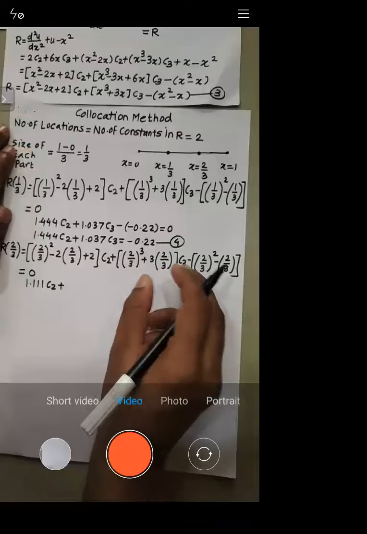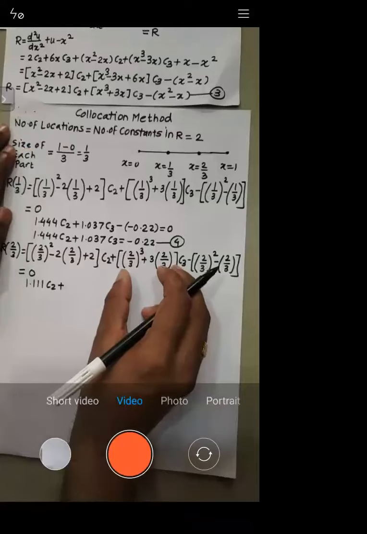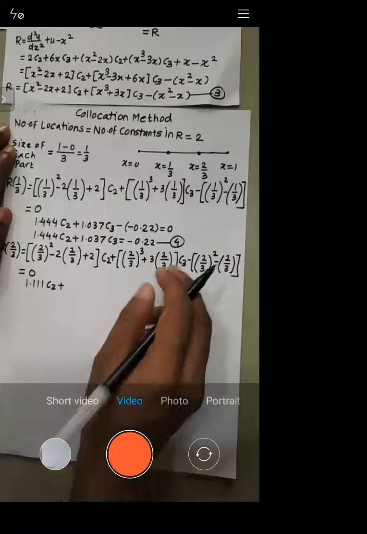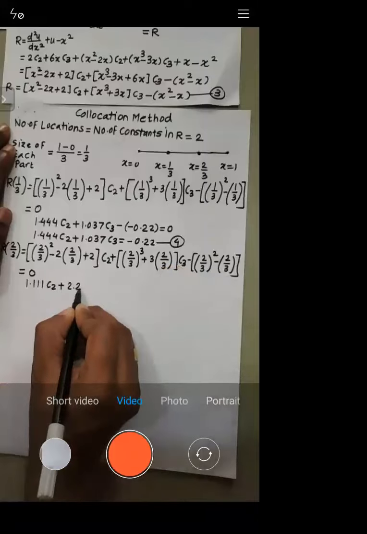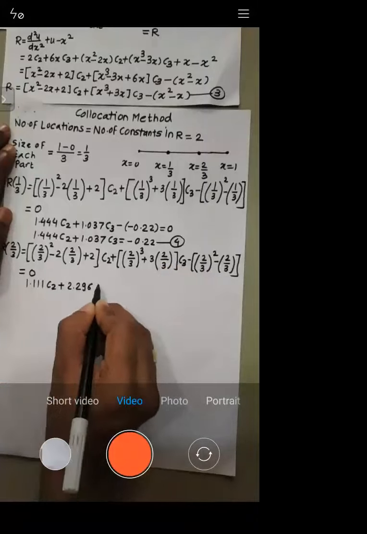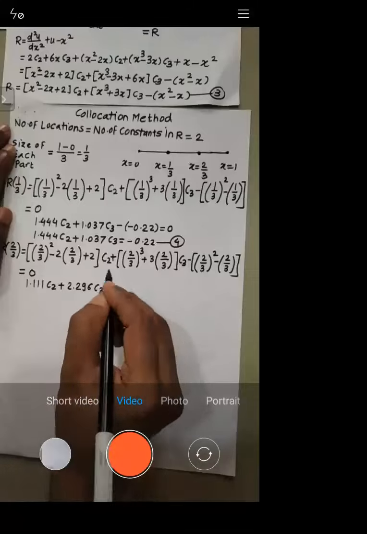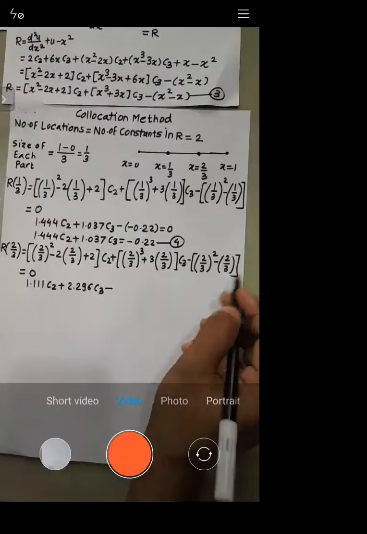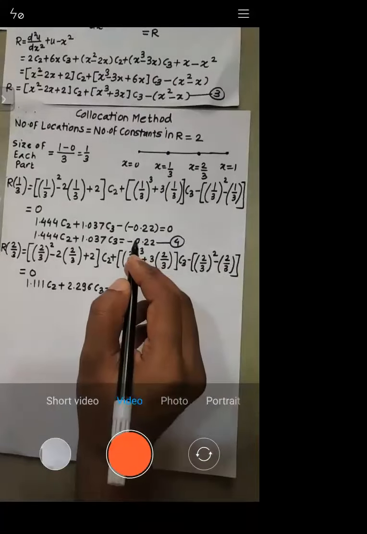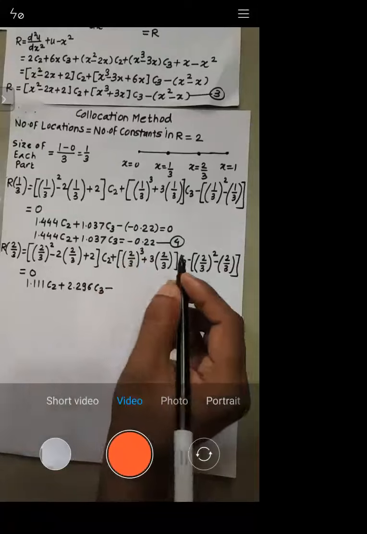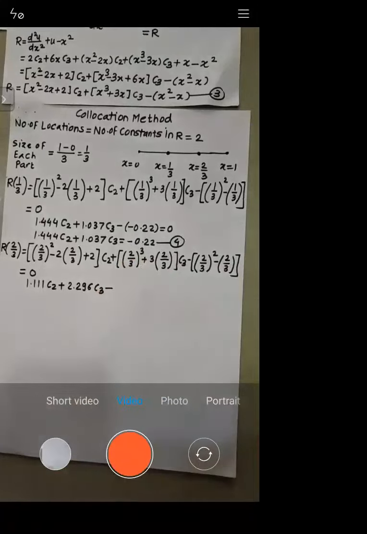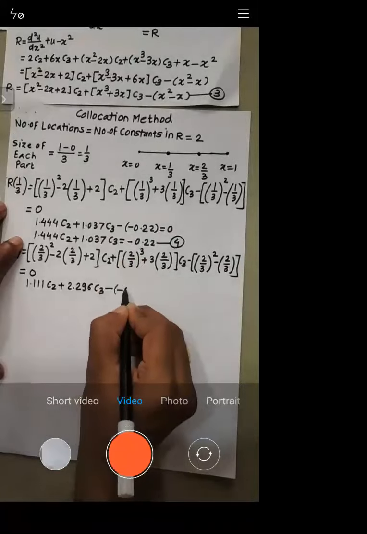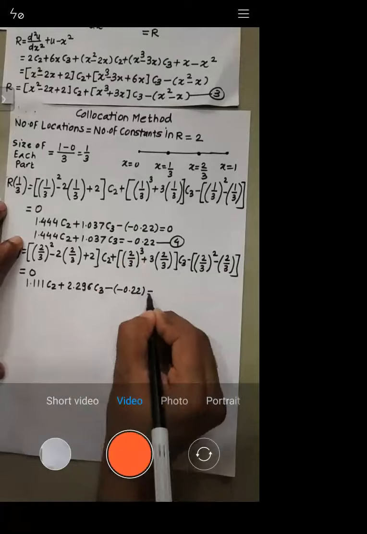Yes, all of you can check this one value. 2 by 3 cube, 2.296 C3. Okay, minus I will write down, and that value again in the bracket, minus 0.2222, so is equal to 0.